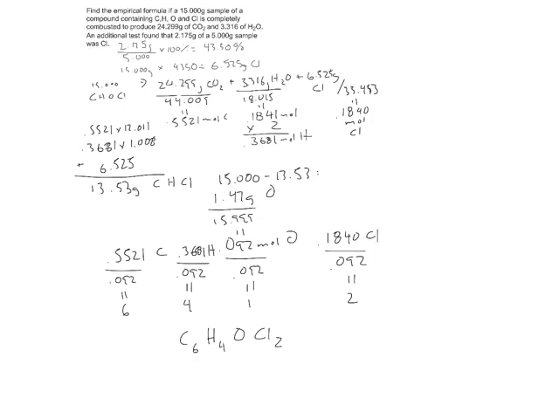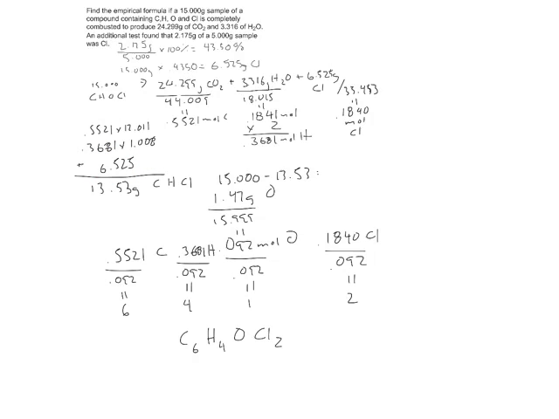Divide by the molar masses to get moles, and solve for anything that you need by subtraction. And so in this case, we had the mass of chlorine.